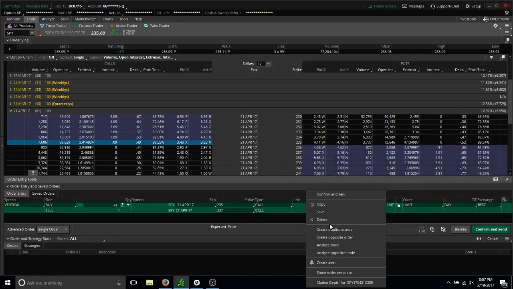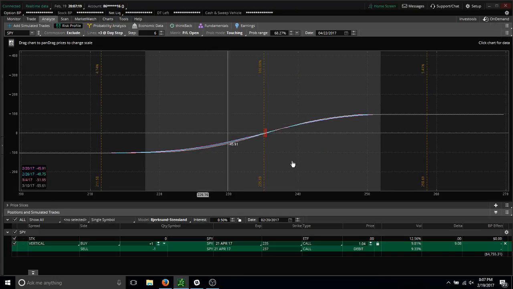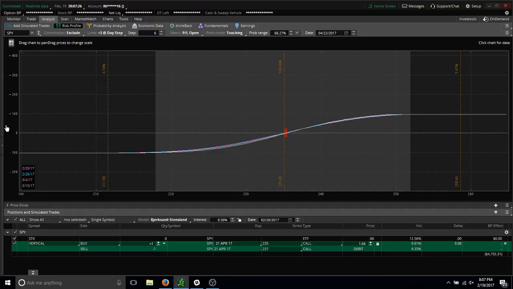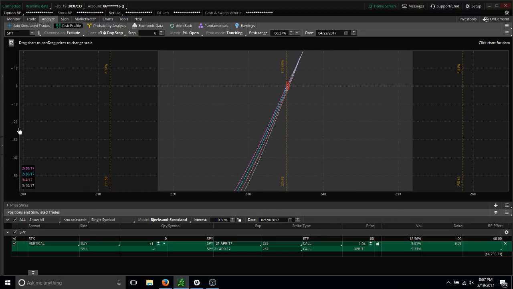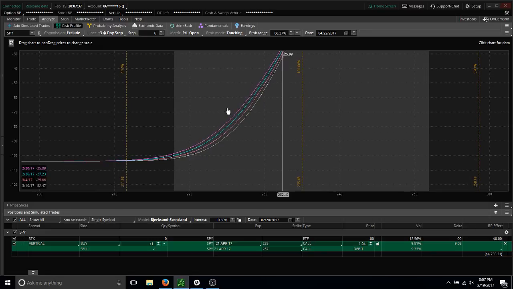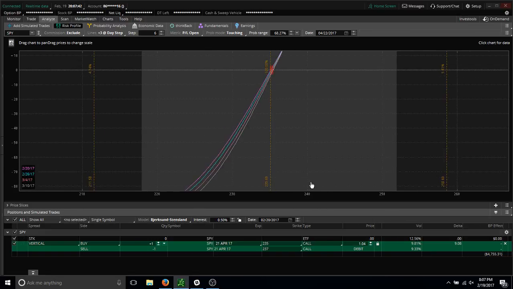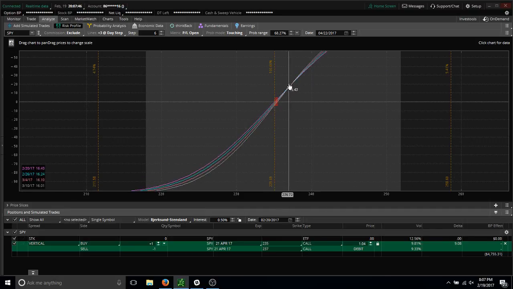Now we'll go in and analyze this trade. So this one seems to be quite a bit tighter.